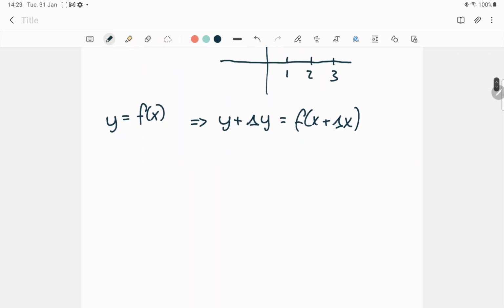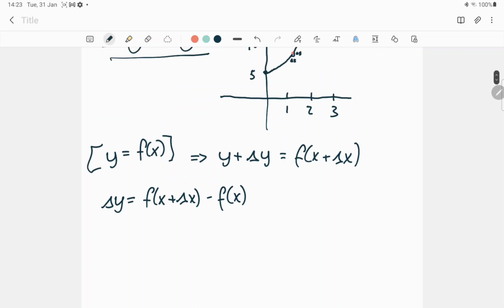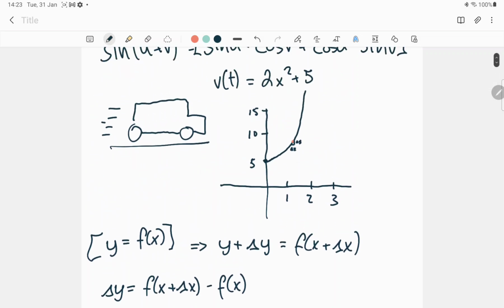But I only want my delta y, I only want the small change in y. So how do I achieve this? I can take the y over to the right side, likewise, so I get minus y, but I already stated that y is equal to f of x, so I can say minus f of x.